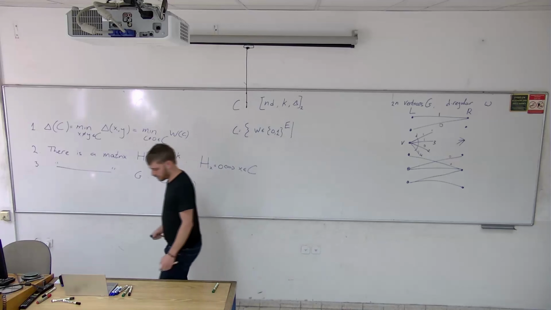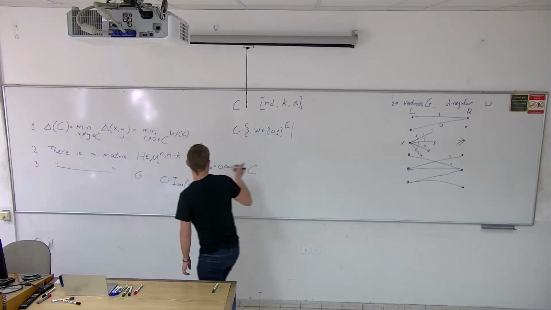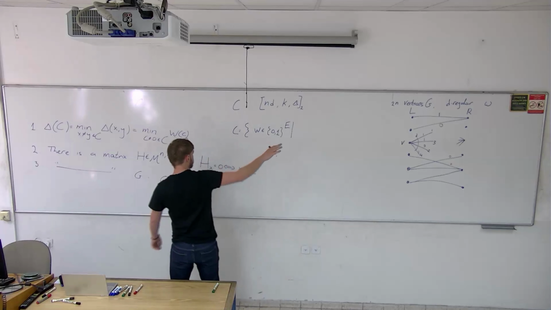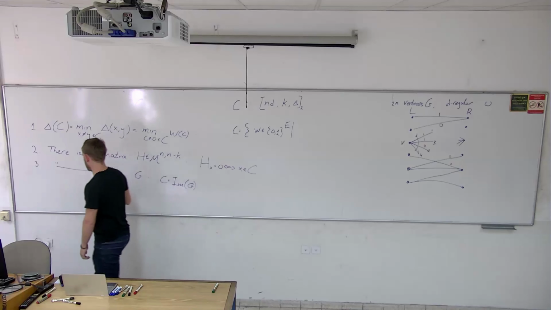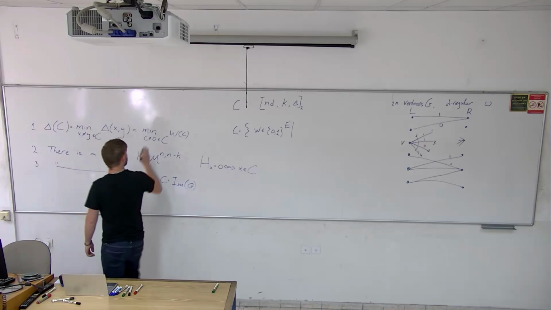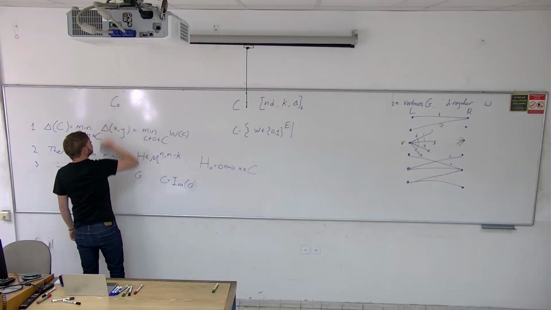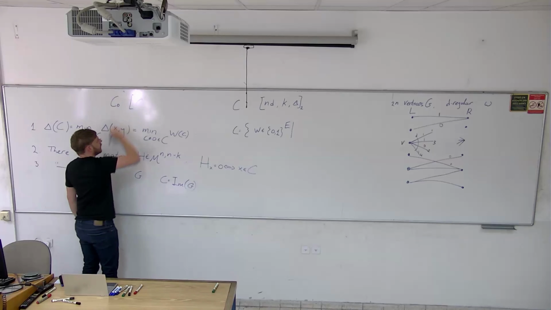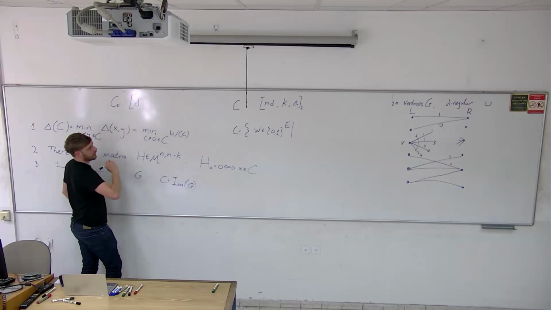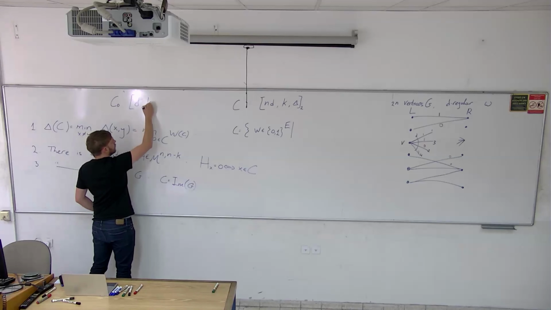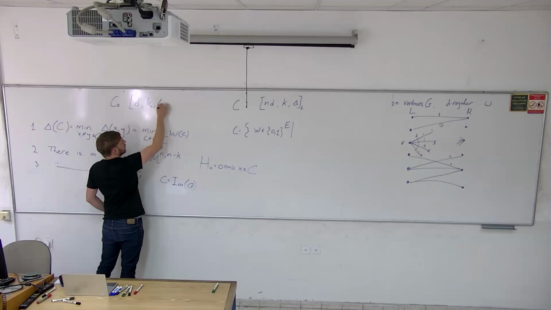I've got to say something important. Let's go one step back. For this construction, I need a small code. Let's call it C0. This is a linear code with d variables.